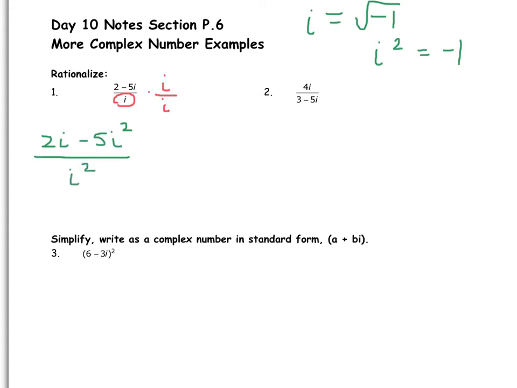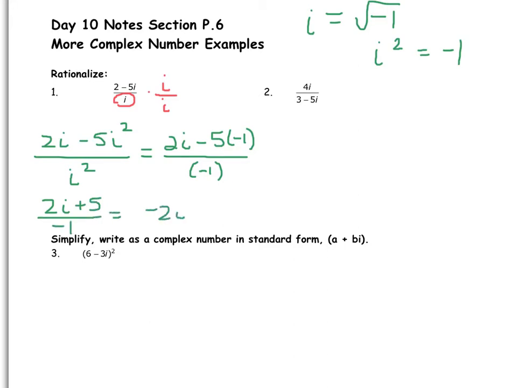Now we have to come back and simplify those powers of i squared. So we have 2i minus 5, which in this case is times -1, and then it's also over -1. And we end up with 2i plus 5 over -1, which we'll simply rewrite as minus 2i minus 5.